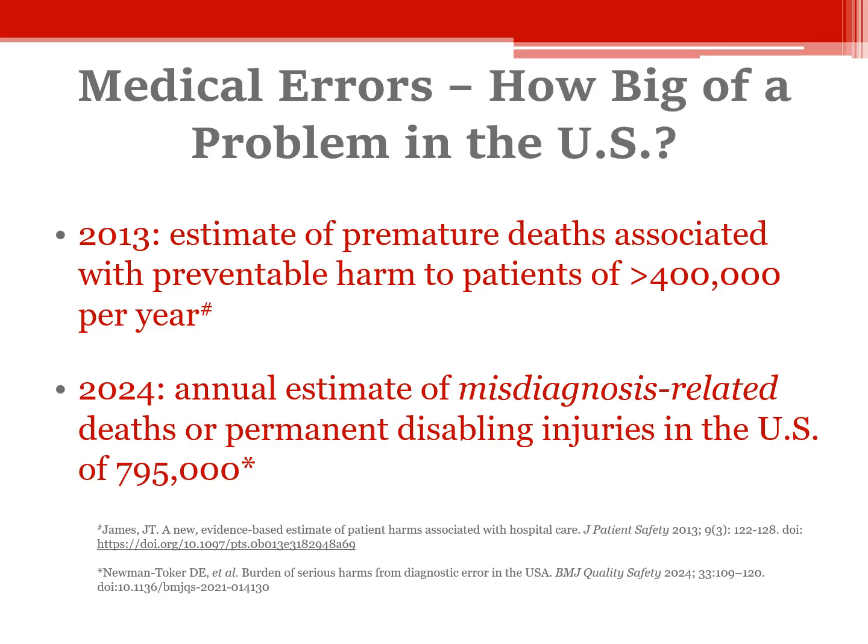In 2024, Newman-Toker and colleagues did another estimate. This one was published in the BMJ Quality and Safety Journal. They estimated that 795,000 people in the U.S. either suffered death or permanent disabling injuries as a result of misdiagnosis-related errors.